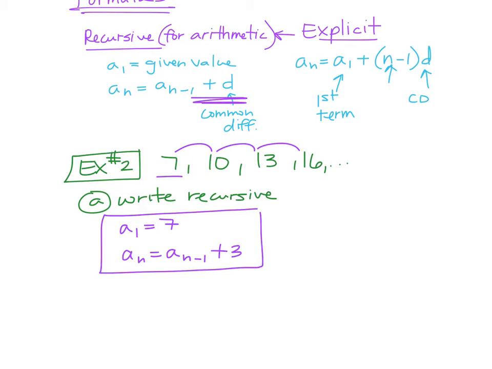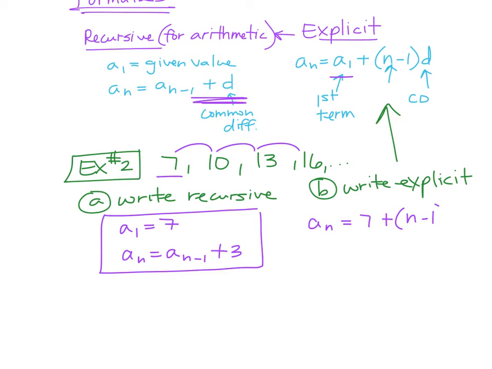Okay? The second part, they're going to say write the explicit formula. Okay, and explicit is right here. We're going to say a sub n equals what? 7, first term, plus n minus 1 times what?